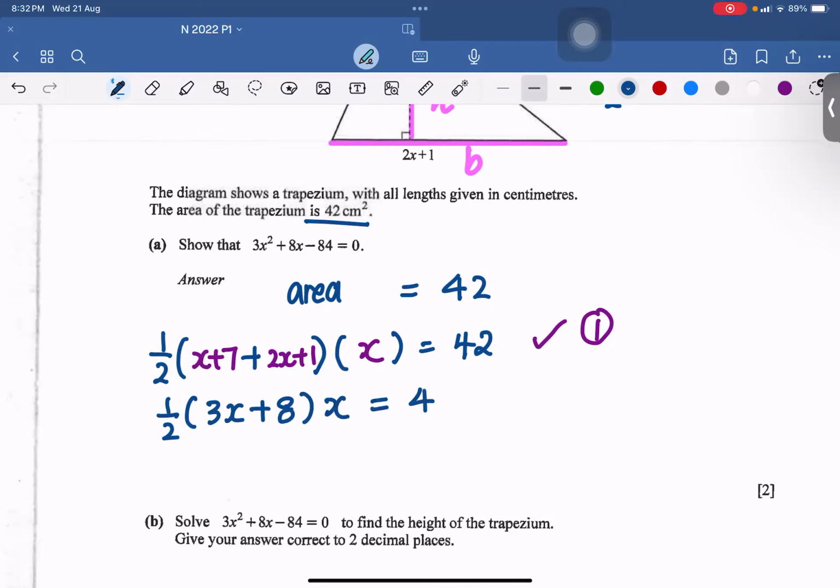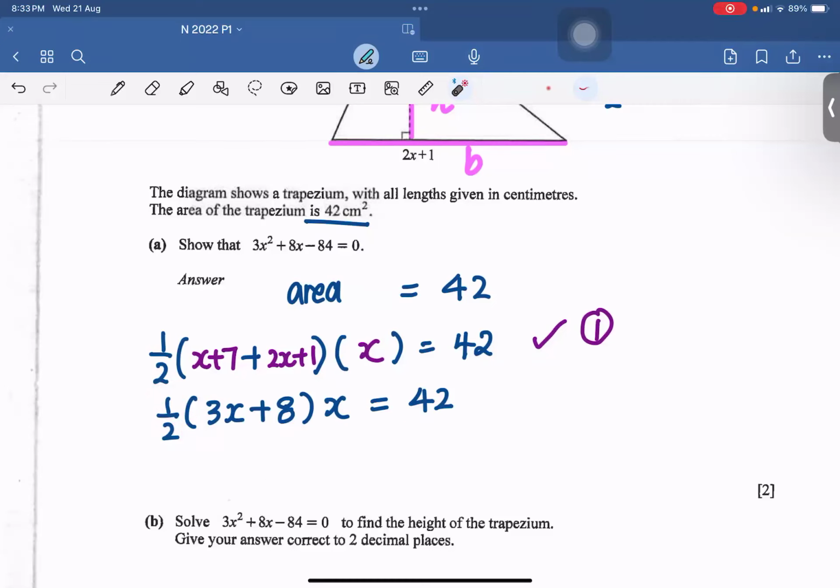Equals 42. Personally, I don't like fraction. I don't like denominator 2. How do you think I can get rid of half? Times 2 everything. Yeah, 2 to where? Within for this one, or the half should go there?